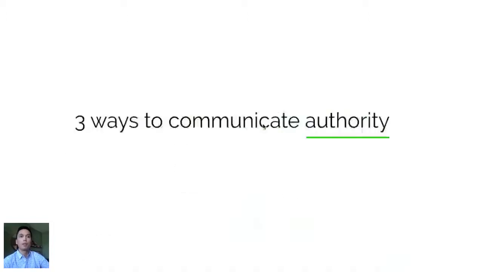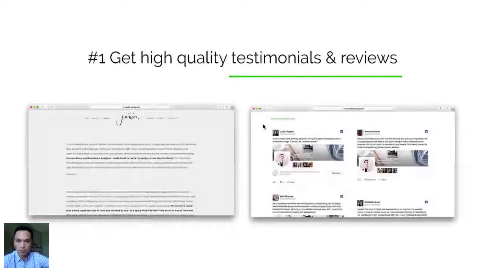All right. So, second category, 3 ways to communicate authority, right? So number 1 was empathy, number 2 is authority, right? Okay, get high quality testimonials and reviews. Okay, now this is a pretty obvious one, right?